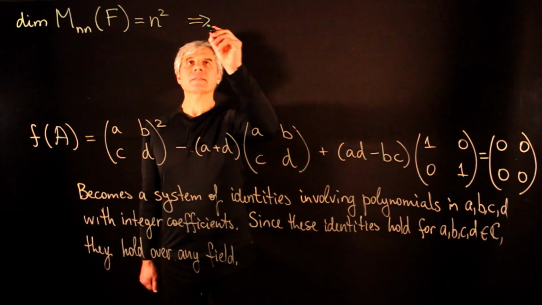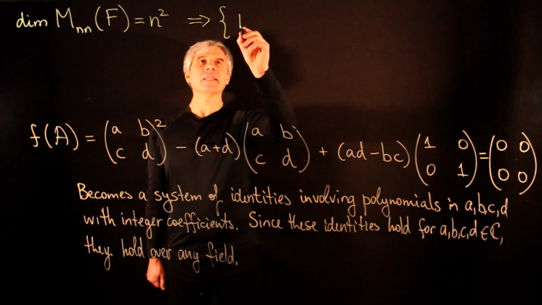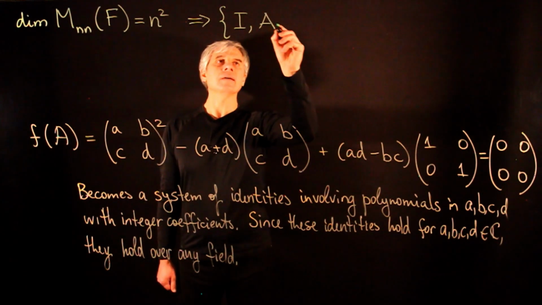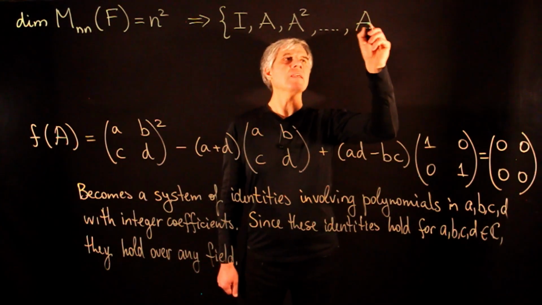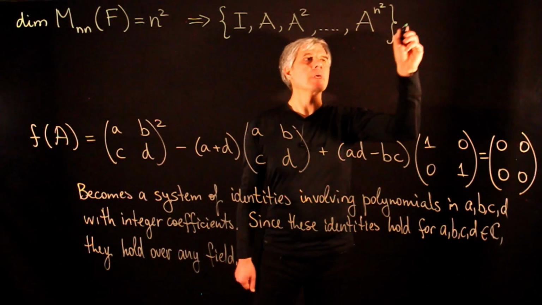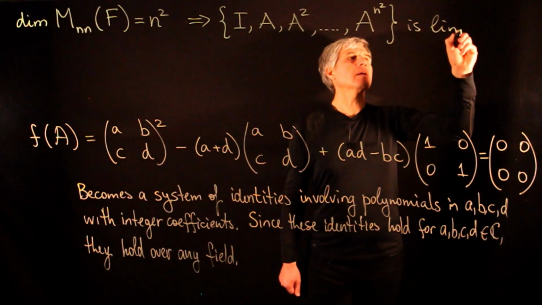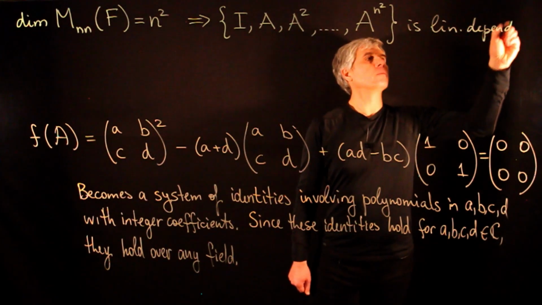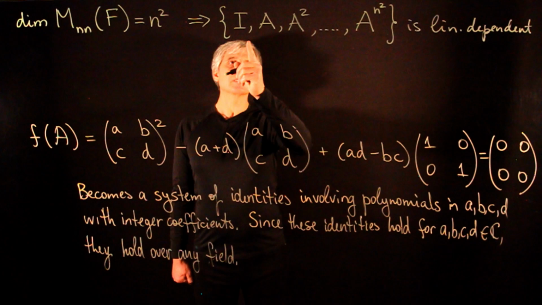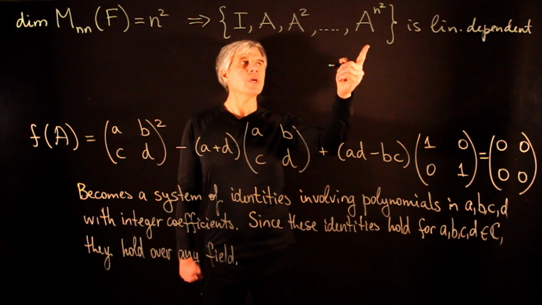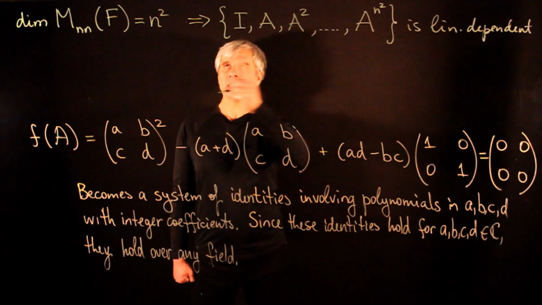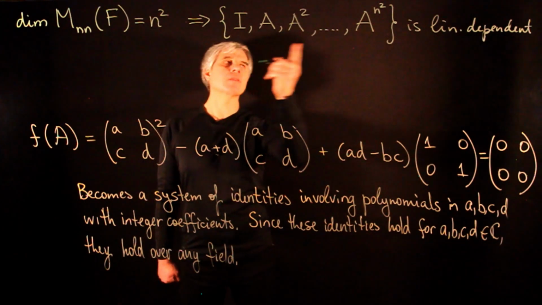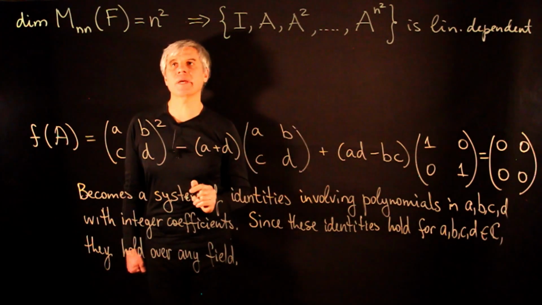This tells us that the following set, identity, a, a squared, up to a to the n squared, is linearly dependent. Since this set contains n squared plus 1 vectors, and we know that whenever the size of the set exceeds the dimension of the space, this set is automatically linearly dependent.